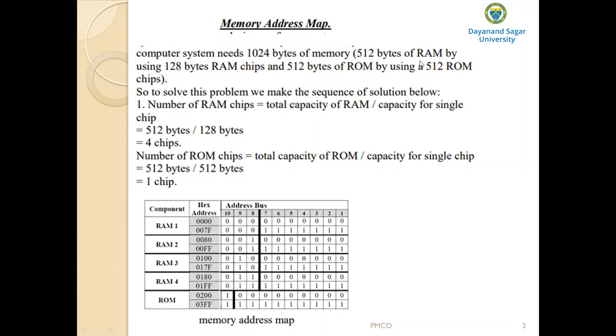Assume that these are the RAM and ROM chips available, of this capacity. We need 512 bytes of RAM, but the only RAM chips available are of 128 bytes capacity, so we need to build the 512 bytes of RAM by using 128-byte RAM chips.